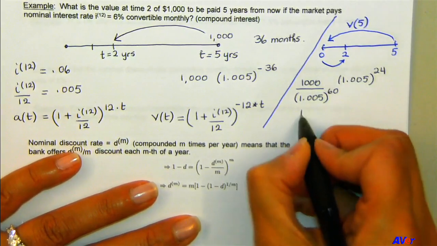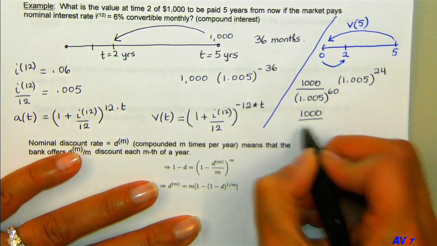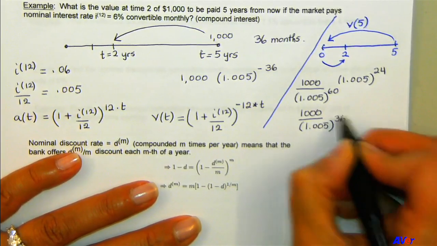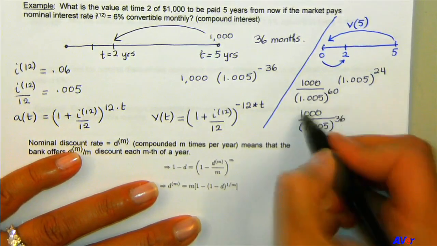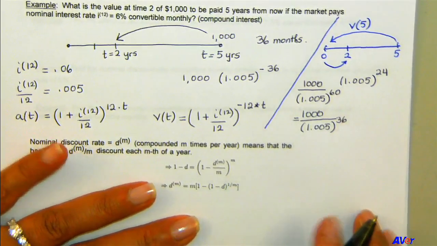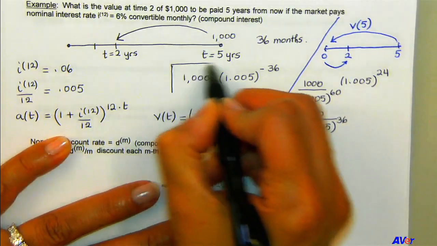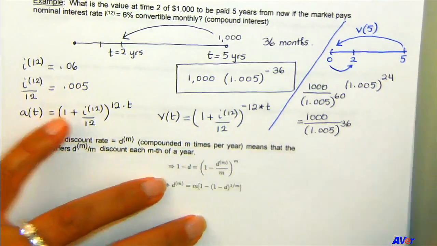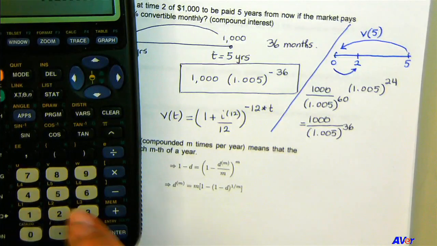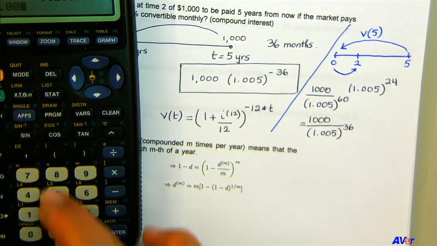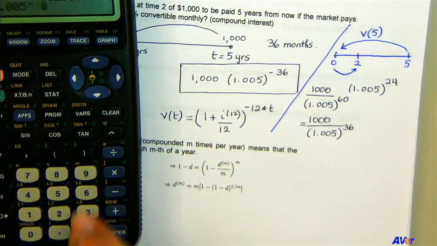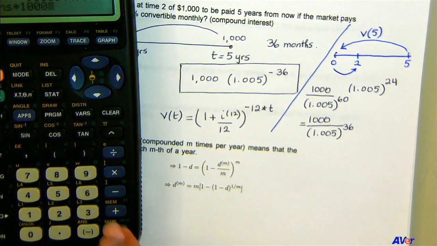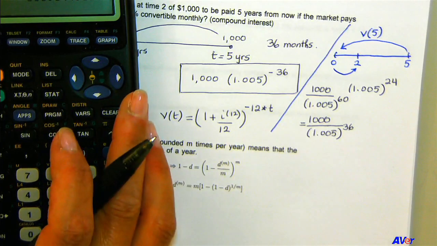So of course you get the same answer, 1,000 divided by 1.005 to the 36th power, after these cancel. Same answer. What is the answer? Let us see. 1.005 raised to the minus 36 times 1,000 is 835.65.